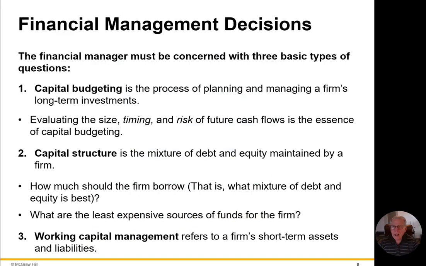The financial manager must be concerned with three basic types of questions. Capital budgeting, one of the most interesting parts of finance to me. It's the process of planning and managing a firm's long-term investments. So what kind of equipment do you need?